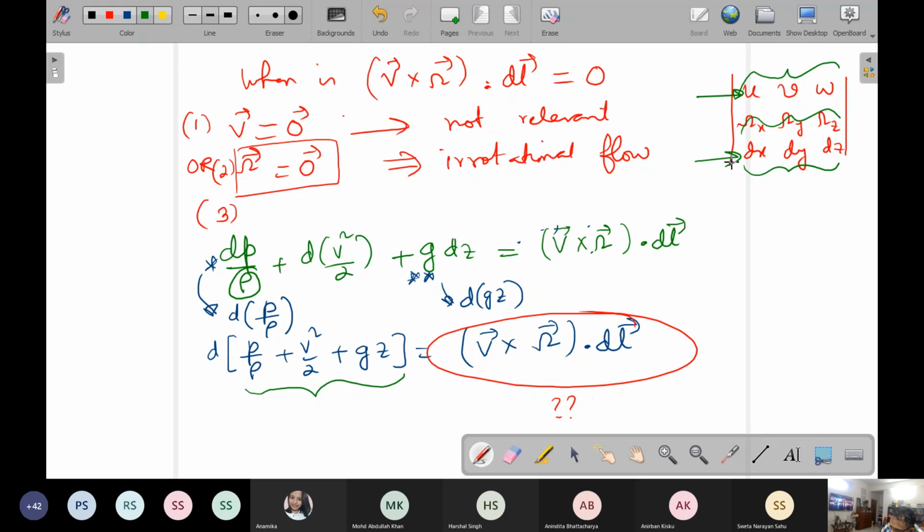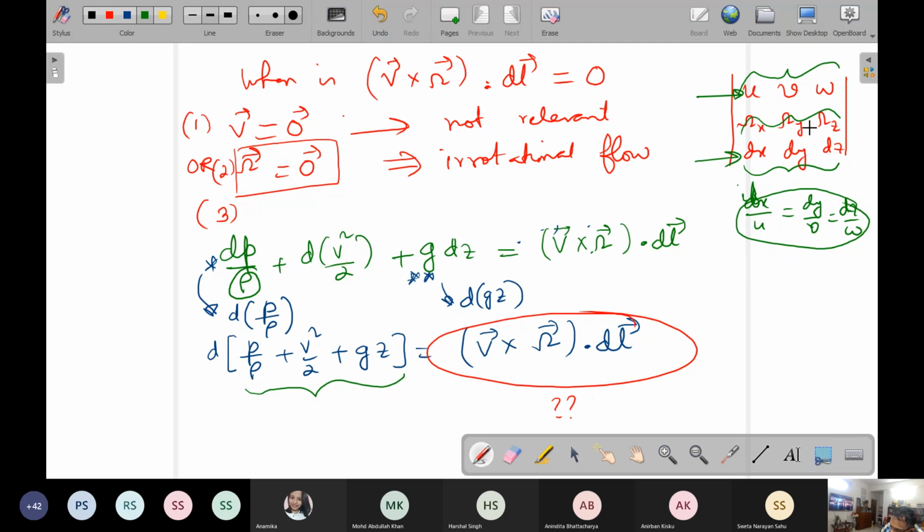They are scalar multipliers if dx by u is equal to dy by v is equal to dz by w. Then we can write dx as cu, dy as cv and dz as cw, so this is c times the first row. If this is the case, then this determinant is also 0.